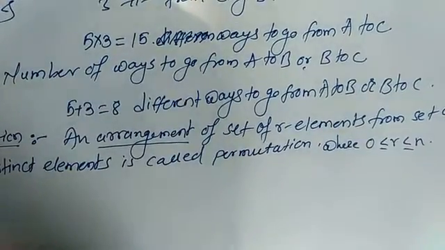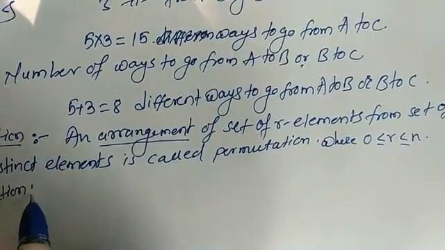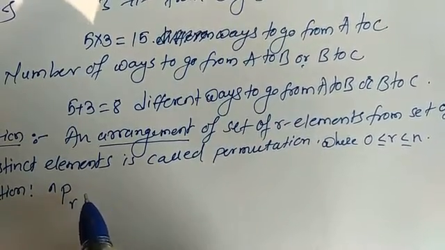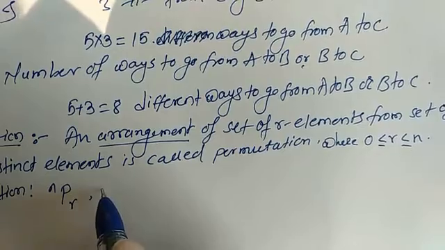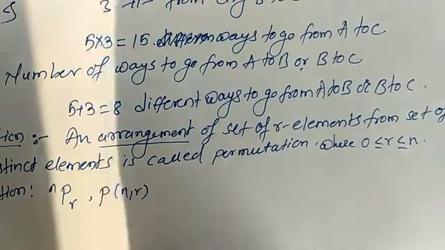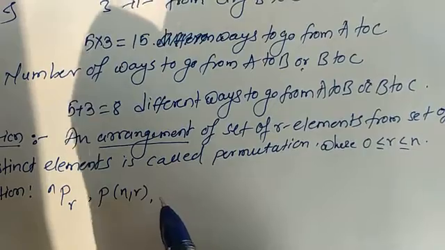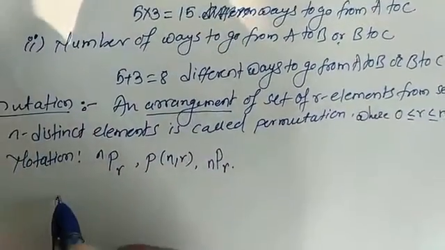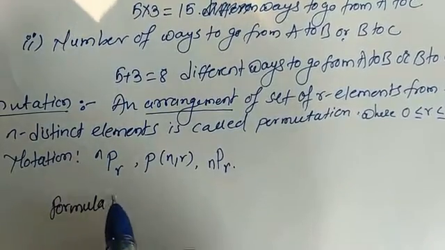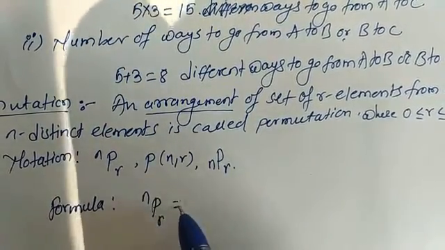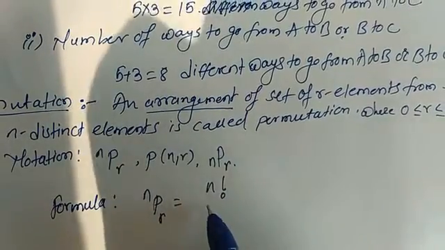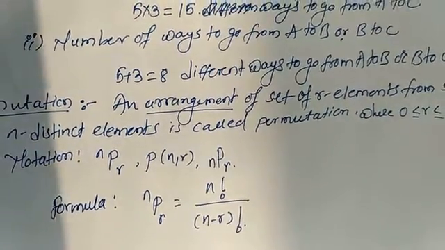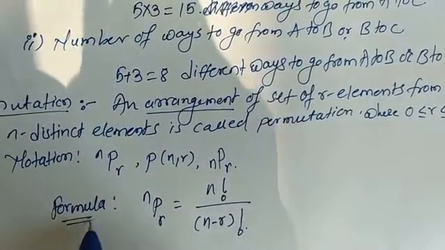Its notation is nPr, or it can also be written as P of n comma r, and its formula is nPr is equal to n factorial divided by (n minus r) factorial. Okay, that is the formula for permutation.